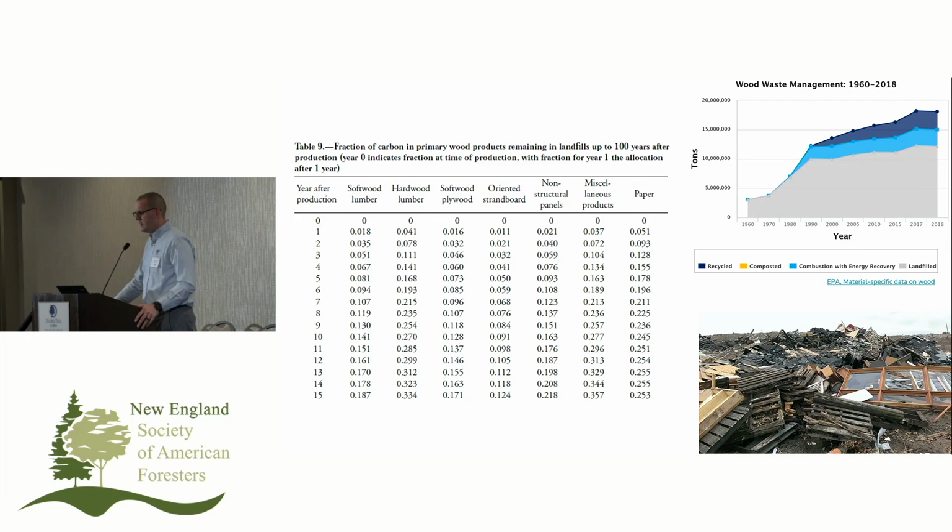It's a tremendous amount, and as you can expect, that wood is in more of an anaerobic condition. It's not going to decay as fast as it would, say, if it were left in the woods. And so we need to understand the decay rates once it hits a landfill to better track the carbon through time. And so we can use tools like that Smith report to understand how much of that carbon is reduced into a landfill.